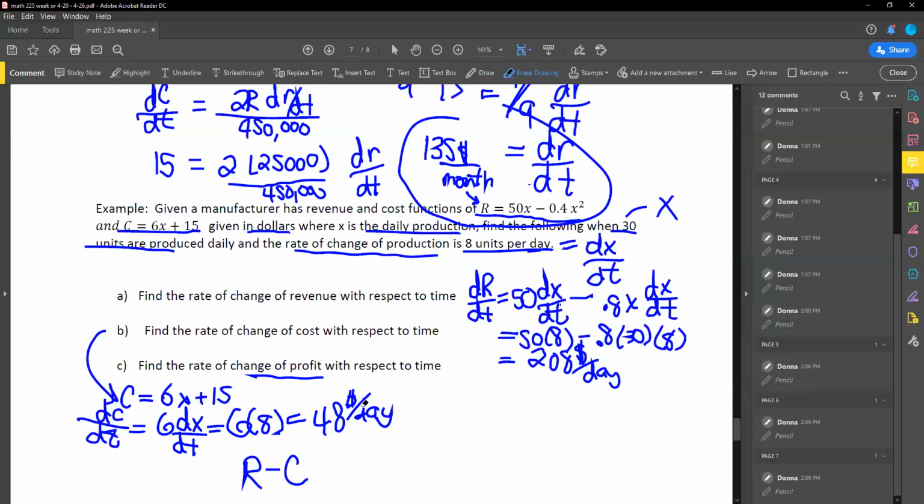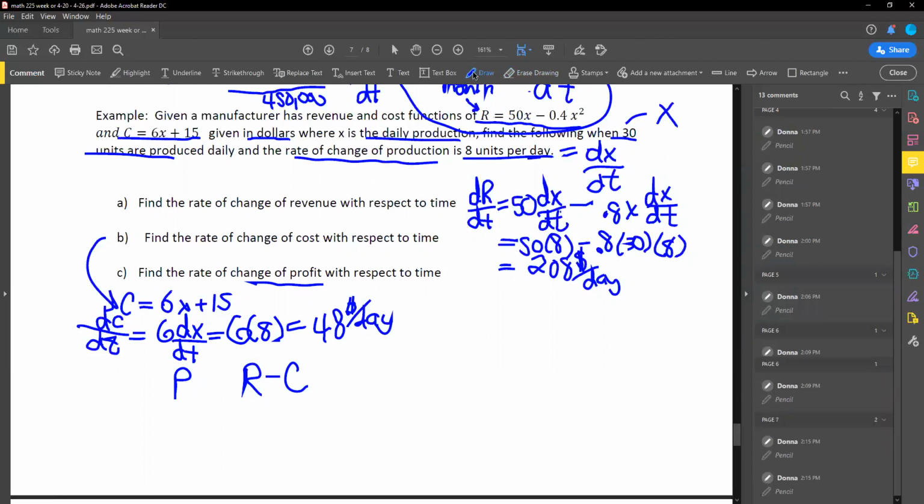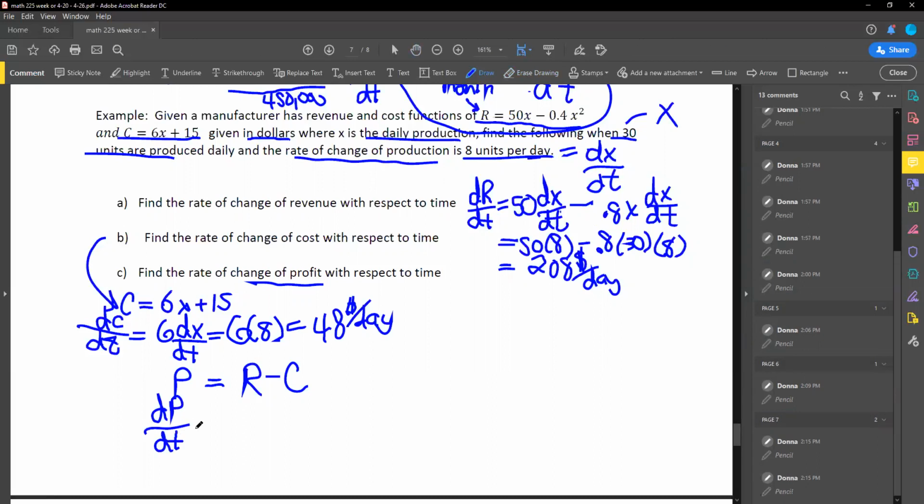Let me put this in here so you can see it. All right, so if profit equals revenue minus costs, if I do the derivative with respect to time, dp/dt equals dr/dt minus dc/dt, but you already have these things. dr/dt was up there, it was 208. dc/dt was 48.